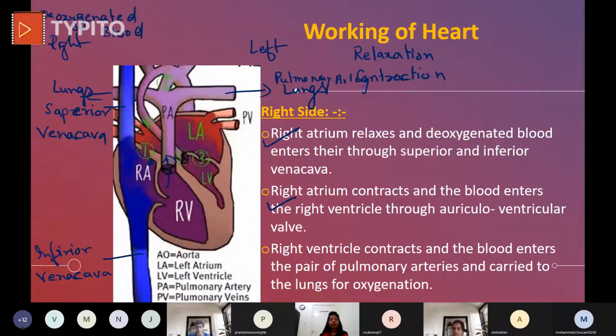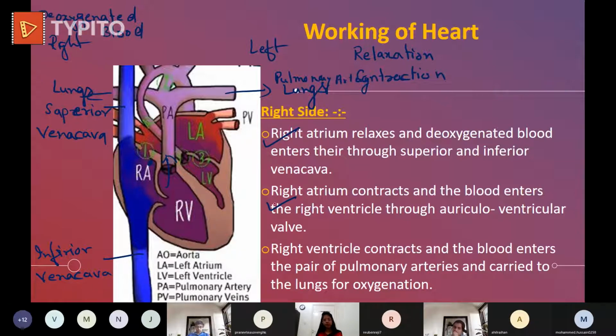Okay, I'm repeating the whole process once again. Working of the heart, I will divide into right and left side. The right side of the heart contains deoxygenated blood. So when the right atrium relaxes, it is filled up with deoxygenated blood by the superior and inferior vena cava, which open at the right atrium.